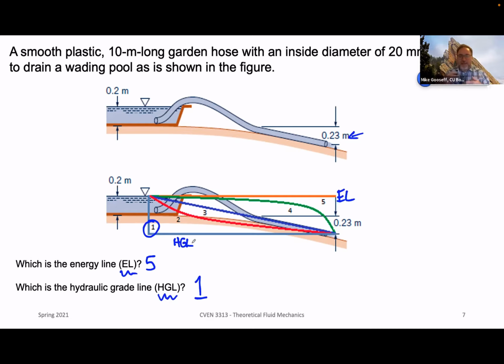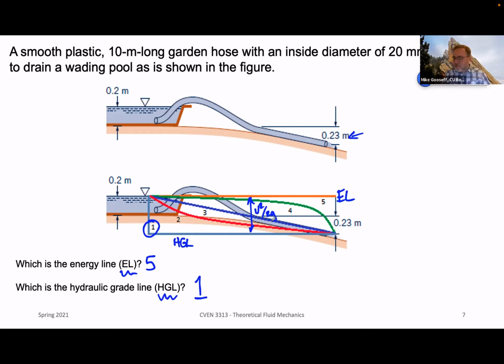Therefore, we have a consistent offset between the EL, the energy line, and the hydraulic grade line, which is represented by V squared over 2g, our velocity head. And because the energy line is horizontal, our hydraulic grade line is also going to be horizontal.